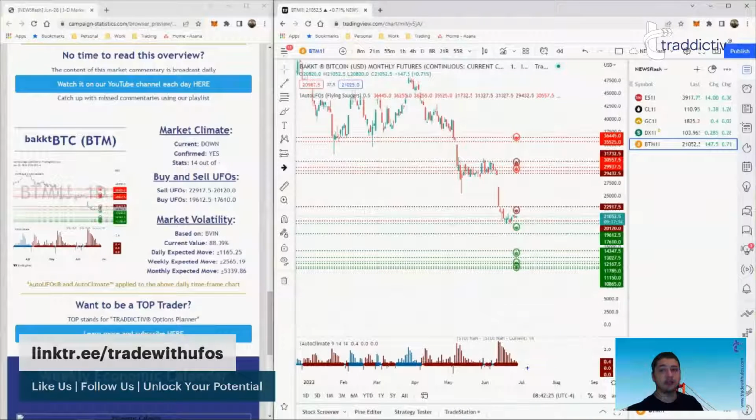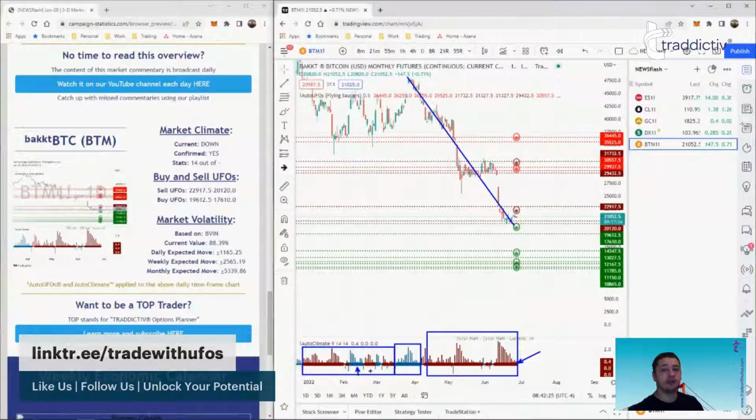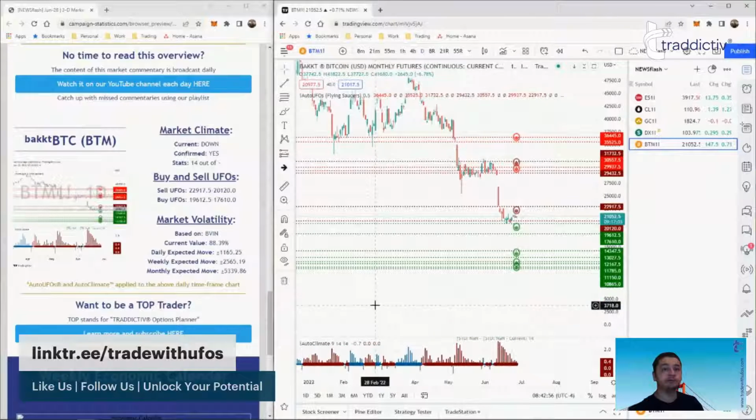We are in an extended red climate as we see here, but we also see that since about April till now, we've just been in a down climate, downward movement. March to April had a bit of an up climate, but from then on out, it's been mostly down climates with a few select exceptions.